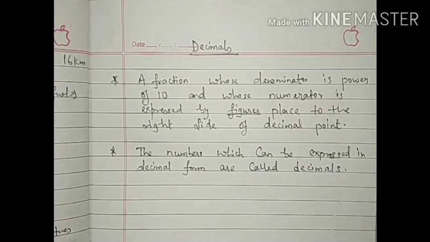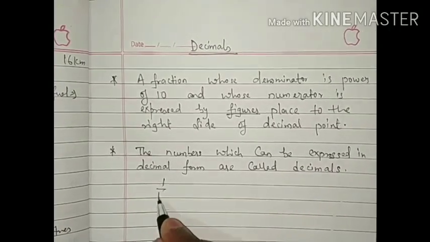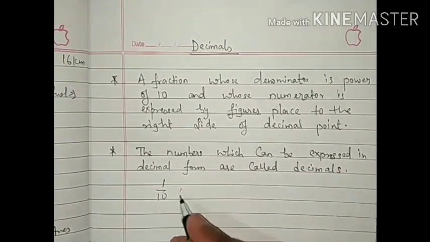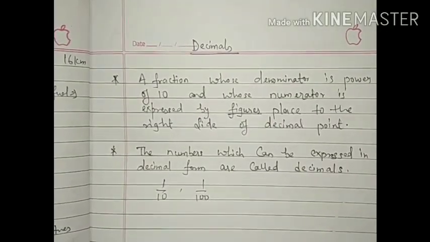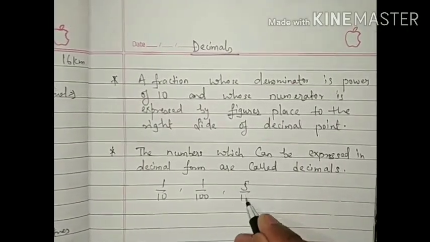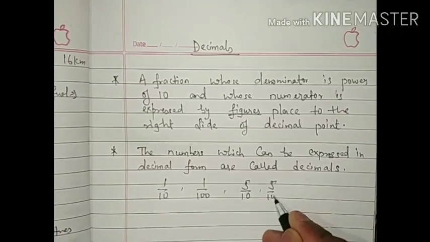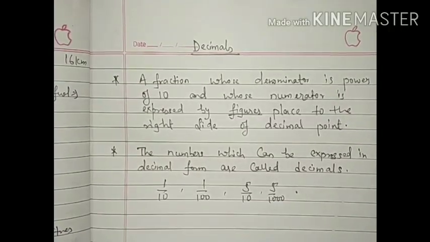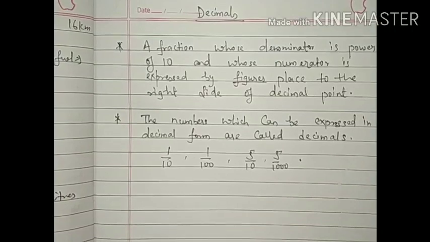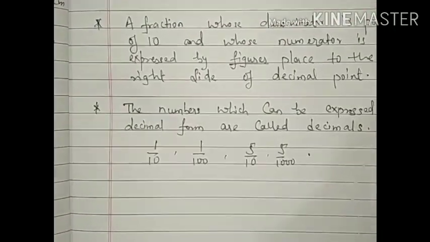For example, what we can write? 1 by 10, 1 by 100, 5 by 10, 5 by 1000. We can write any number.